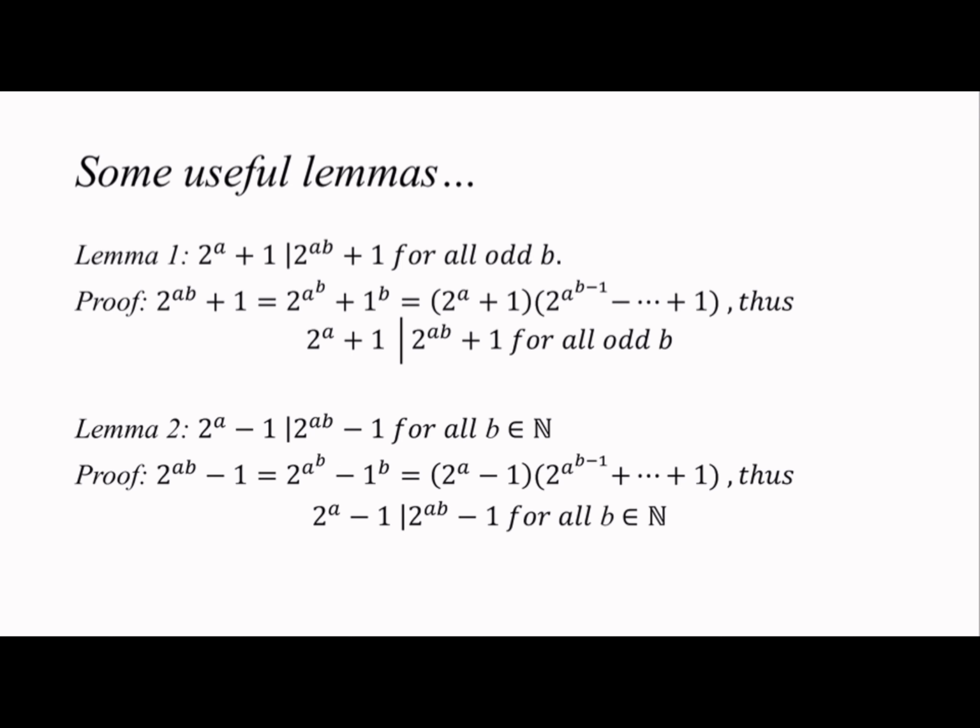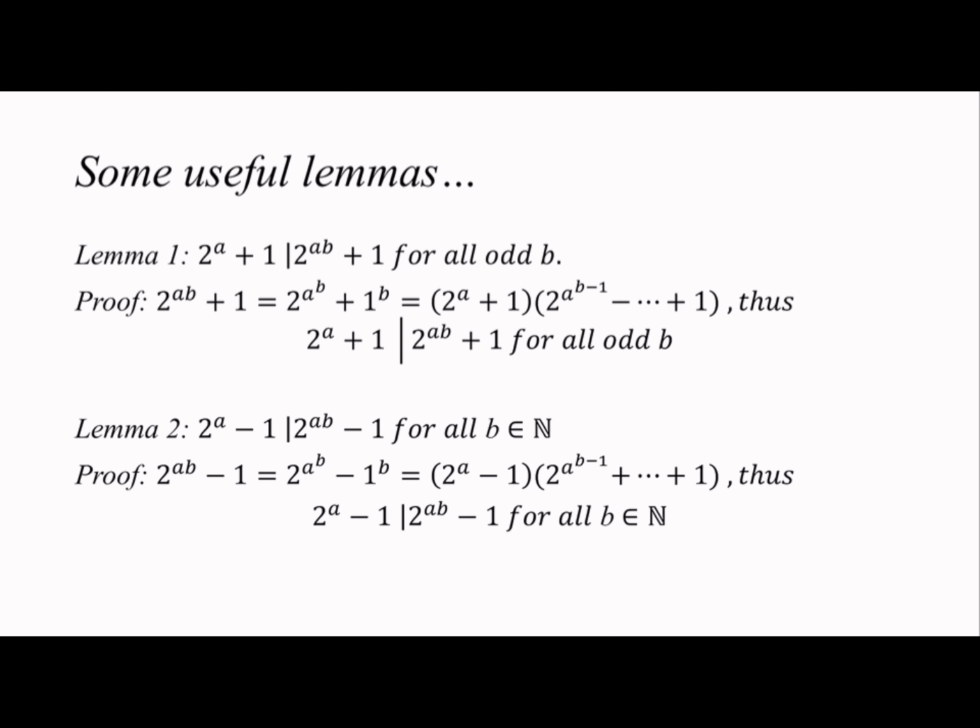We have 2 to the power ab plus 1 equals (2 to the power a) to the power b plus 1 to the power b, and it will be equal to (2 to the power a plus 1) times (2 to the power a to the power b minus 1, minus and so on, plus 1). And therefore, you can clearly see 2 to the power a plus 1 is a factor of 2 to the power ab plus 1.